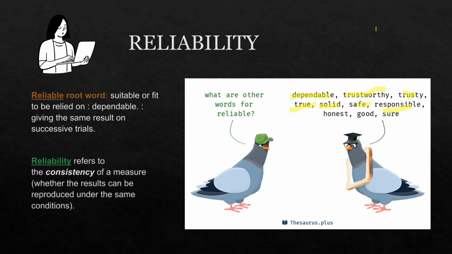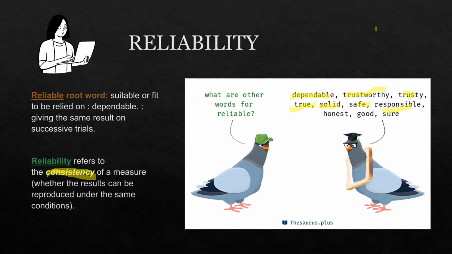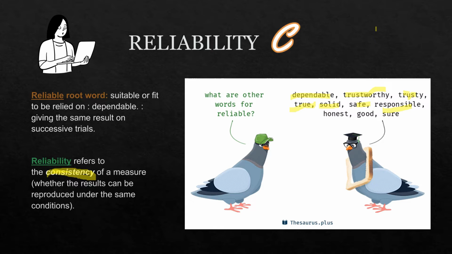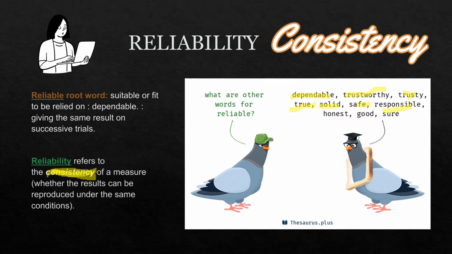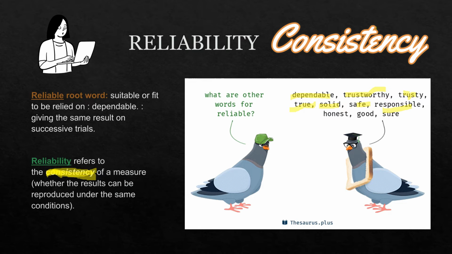Reliability refers to the consistency of a measure, whether the results can be reproduced under the same conditions. Our data should be consistent in order for us to know that our data or research is reliable and trustworthy.